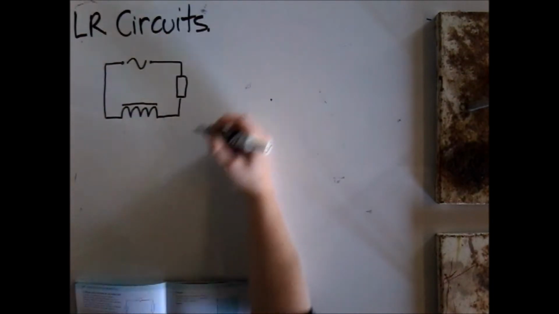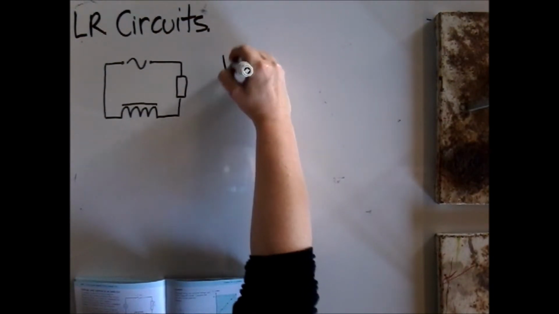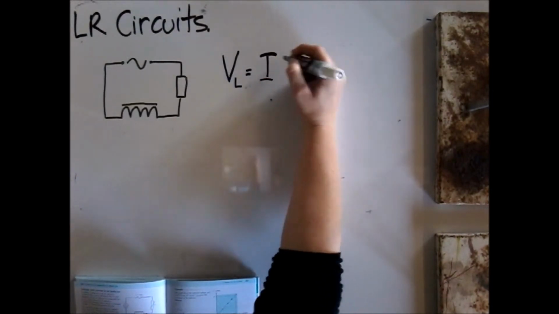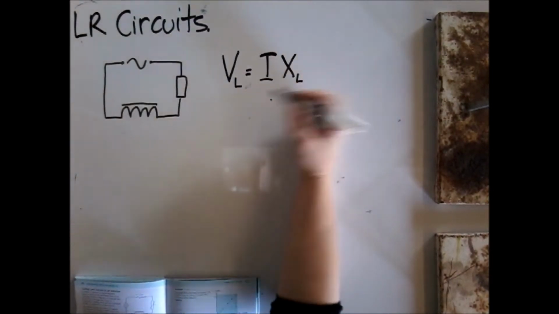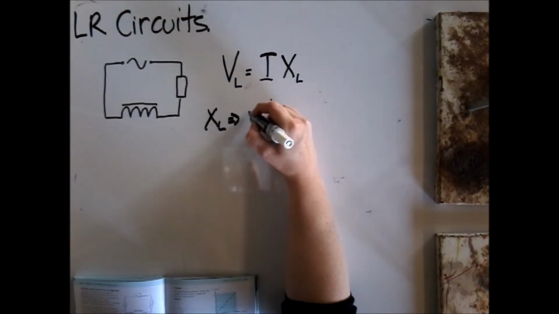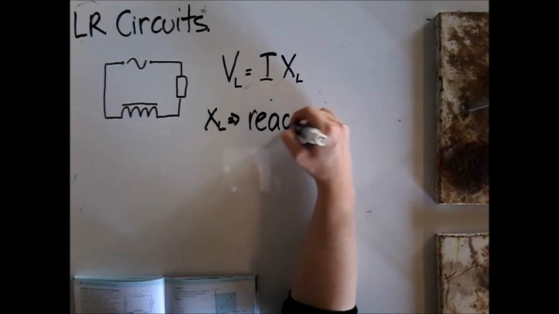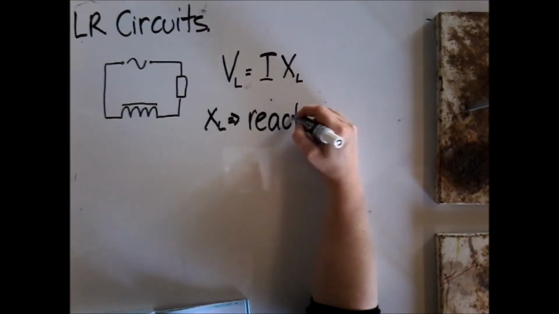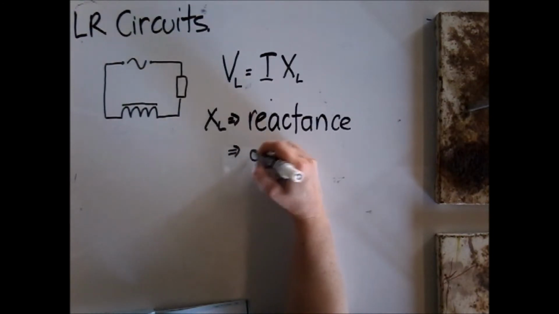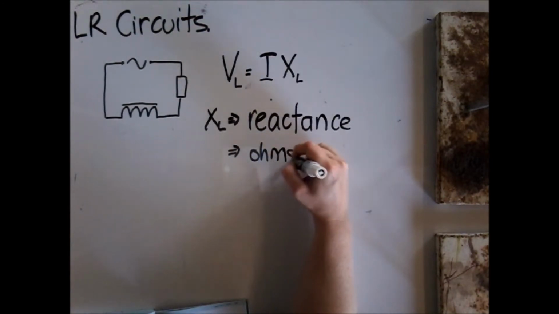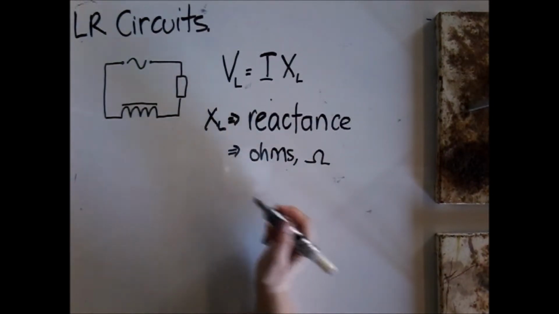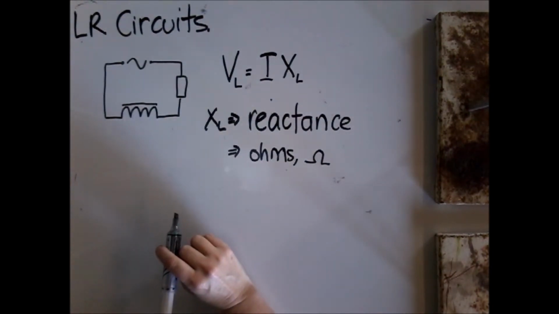So the voltage across the inductor is equal to I XL, where XL, just like for a capacitor, is the reactance, and that is measured in ohms because it's the part of an inductor that's acting like a resistor.